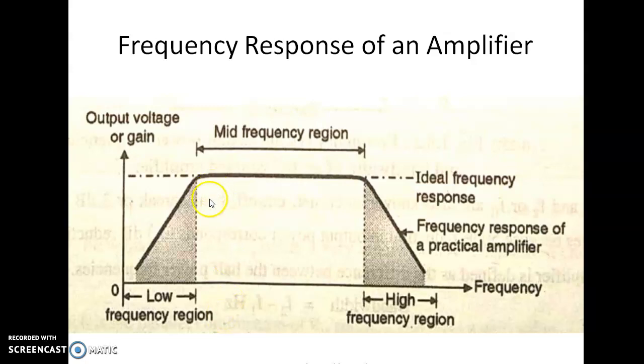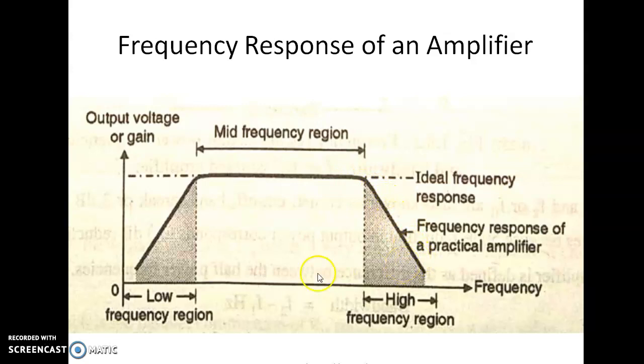In between the low frequency and high frequency, the voltage gain remains constant, or flat, and after the high frequency the voltage gain goes on decreasing. So the response is like a band pass filter. This is the high pass filter and this is the low pass filter, connected in cascade like this.